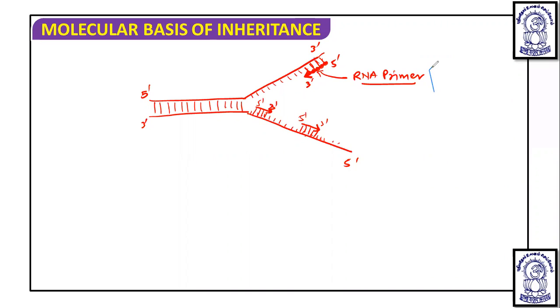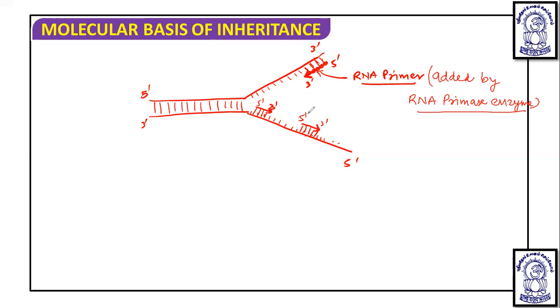Now these RNA primers are added by the primase enzyme, which adds a short stretch of ribonucleotides known as the RNA primer.